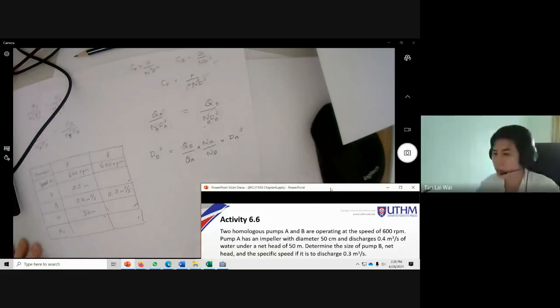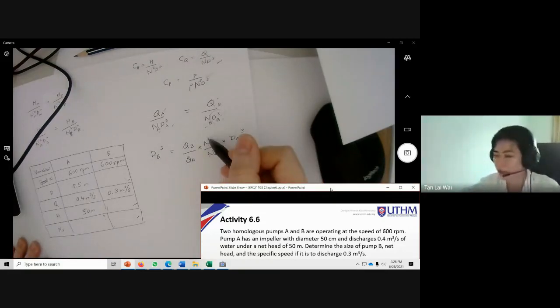That's how I arrange it according to the same parameter.